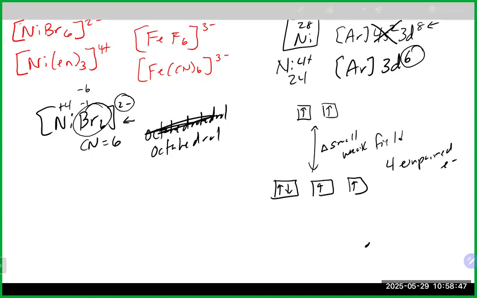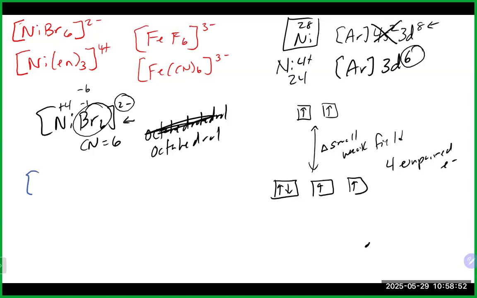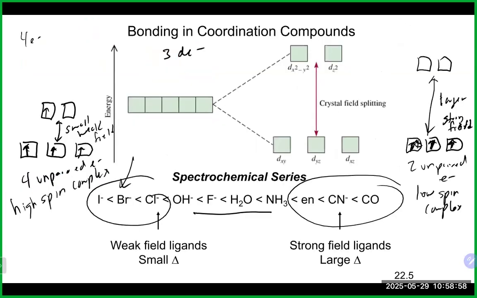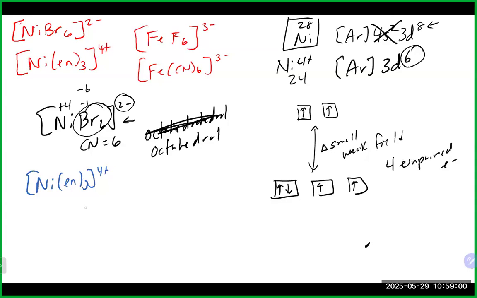Now, if we take a look at the one underneath it, just as a comparison, we have our Ni(en)3 4+ in this particular case. And this nickel is also going to be +4, as the overall charge is 0 from the ligands. And we will again have our 6 d electrons from nickel that we need to distribute.